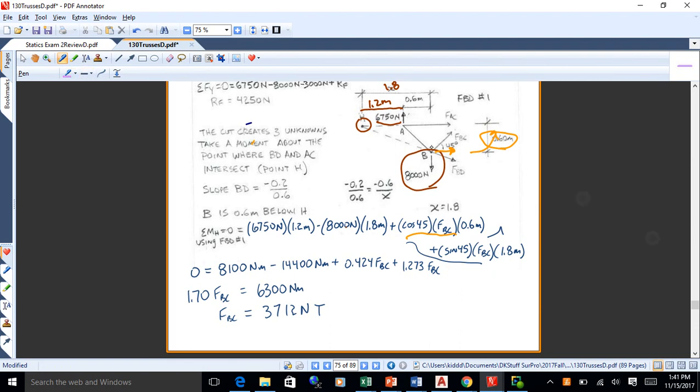So sine 45 will go that way, up. That'll have a moment arm of 1.8, and that'll go counterclockwise too, so that gets a plus. And so then I can run the numbers on that, and I can solve for FBC. It's 3712.